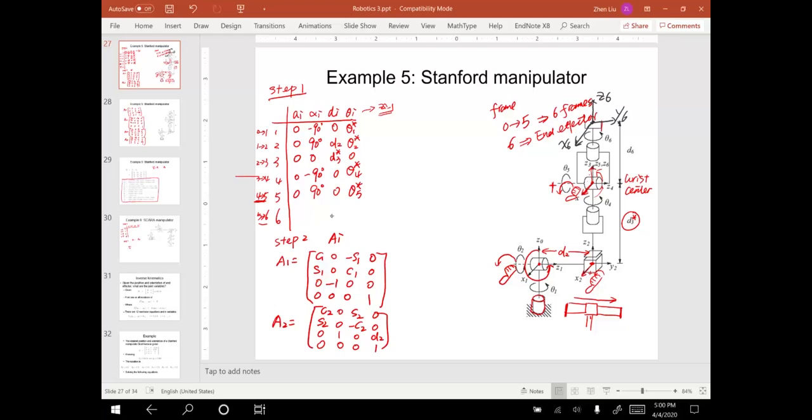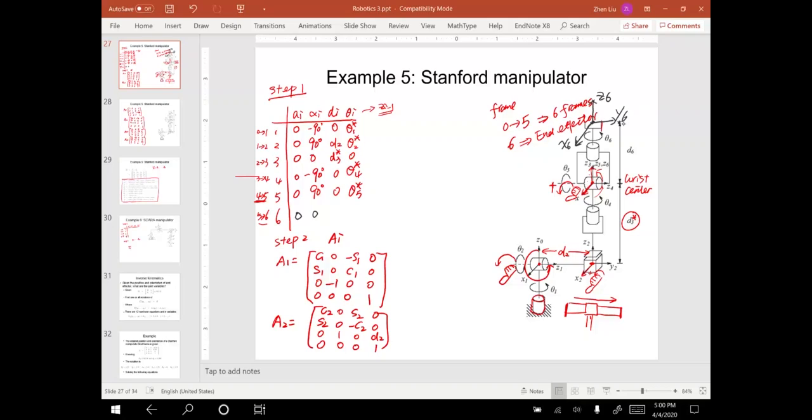The method to find the 4 parameters is the same. Since these 2 frames are parallel, a_i is 0 and alpha_i is 0, because these 2 are fully parallel.